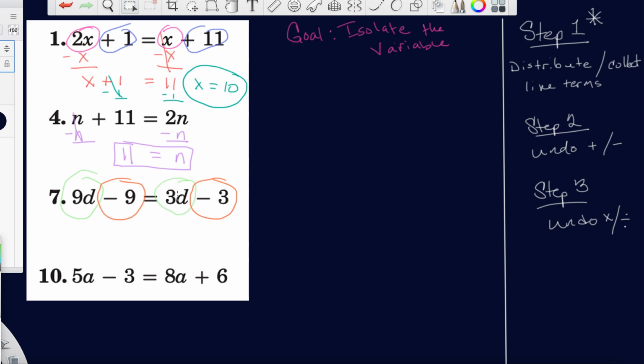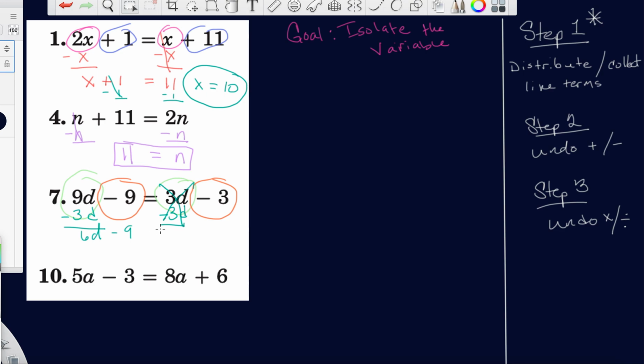How do I get my 3d over to the other side? Well, I show the opposite of that 3d, so I say negative 3d. Positive 3d and negative 3d go away. And if I did it here, I have to do it on the other side. Okay, 9d minus 3d is 6d.